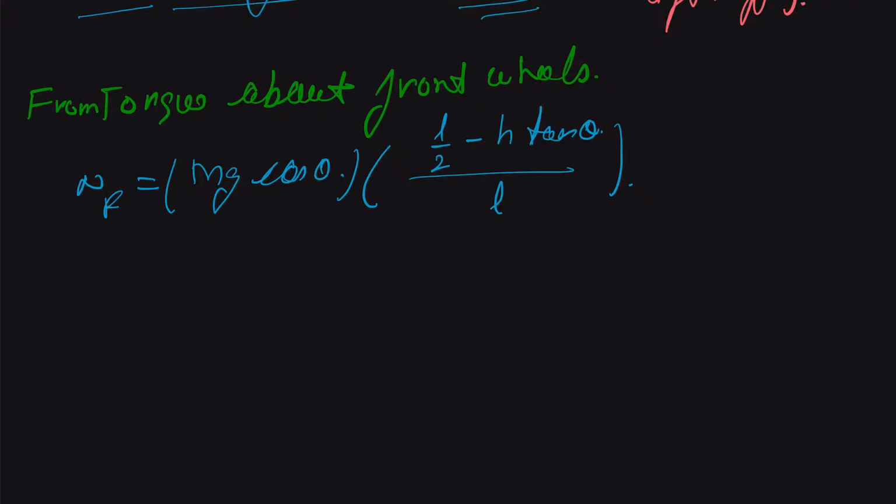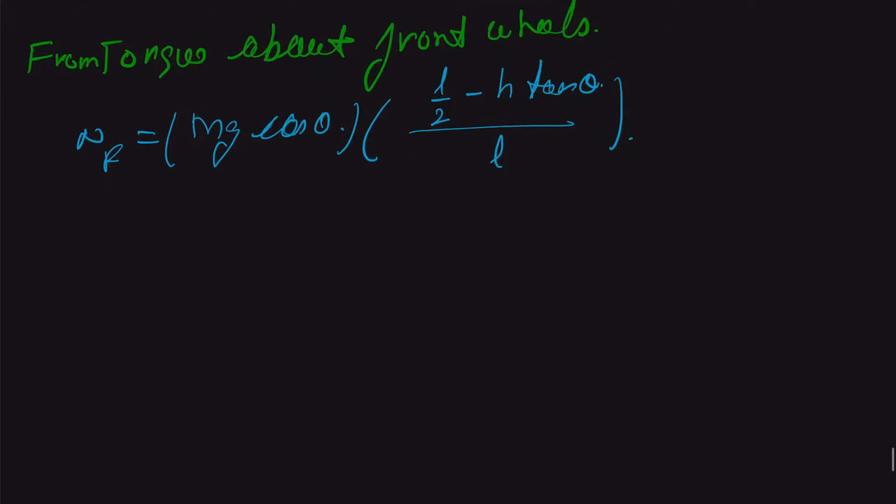So we can say that the torque about the front wheel, we set this NR equal to 0, and this will give us that L by 2 minus H tangent of theta will be equal to 0, and here H is the height of the, so this is a slope and these two are the tires.